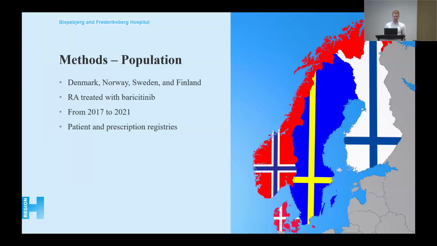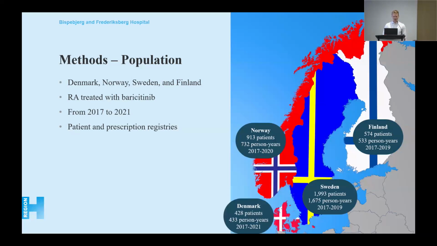So this study had a population from the 4 different Nordic countries, Denmark, Norway, Sweden, and Finland. We had most patients from Sweden, and I think it totaled just under 4,000 patients. These were all incident users because it wasn't approved before that time.